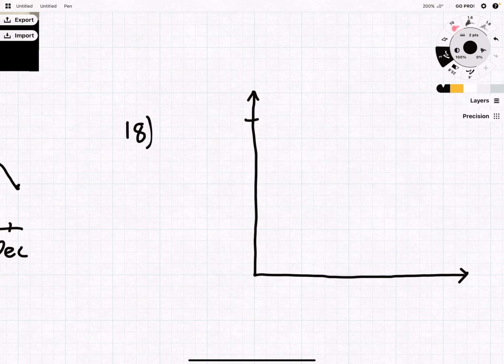Let's just put it at 30,000. And we'll have intervals of 10,000. That should be fine. So 20,000 there, and 10,000 here.